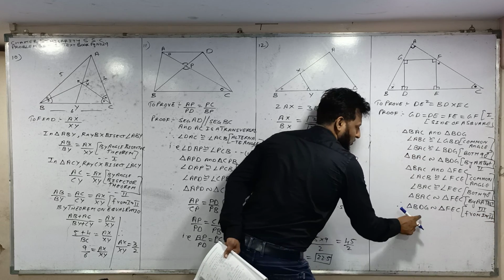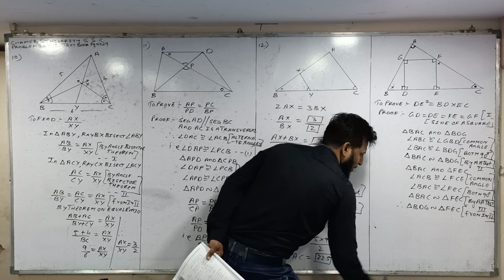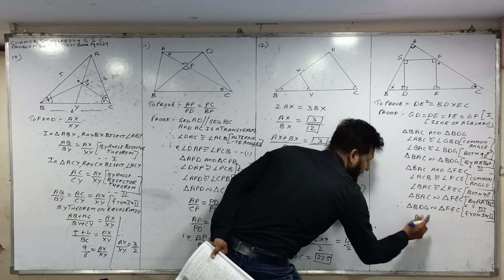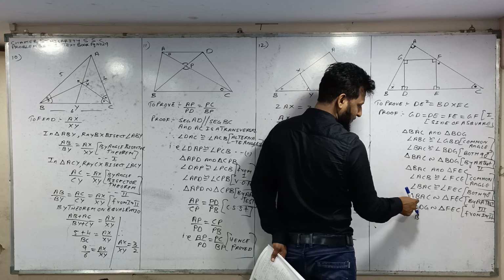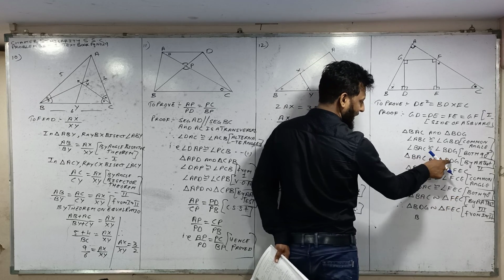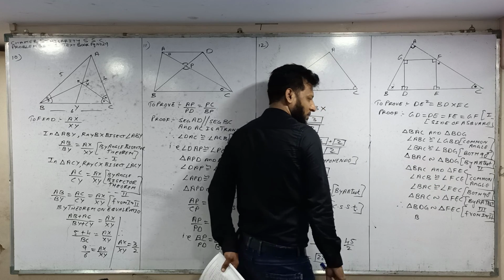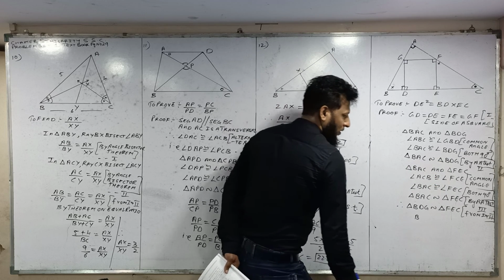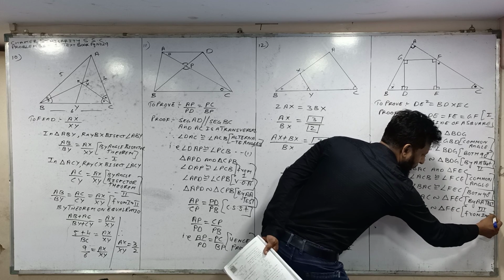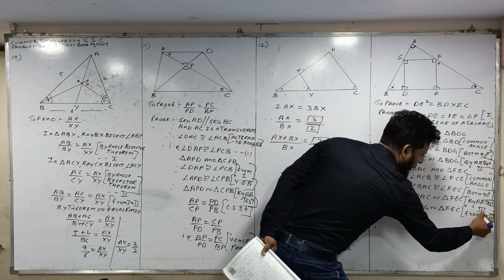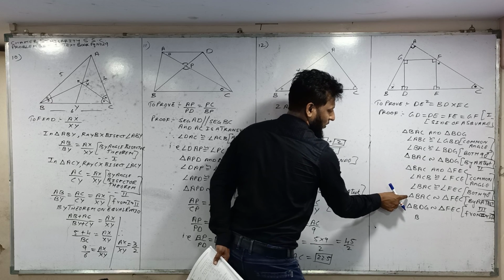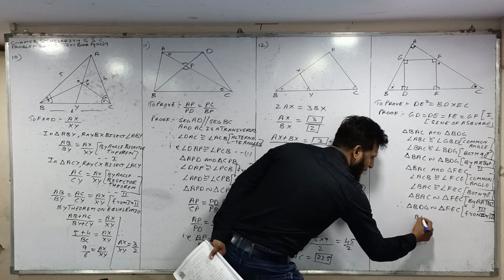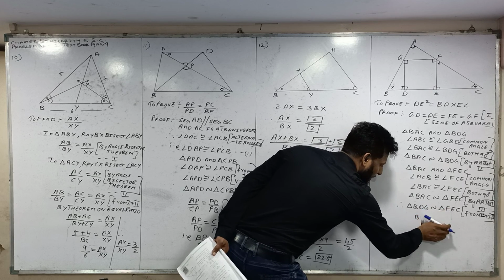From 1 and 2 these two triangles are similar. So now write the proportional sides, because the first triangle is similar to the second and the first triangle is similar to the third, then the second and third triangles will be similar from 2 and 3. This is 2 and this is 3. So now write the proportional sides.